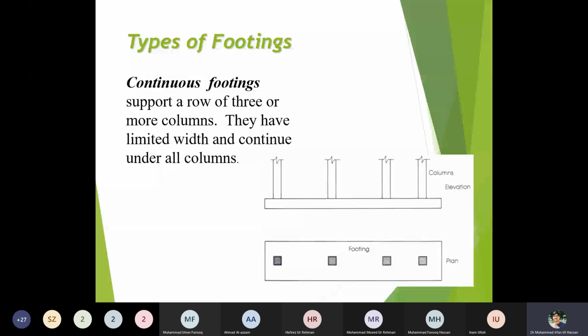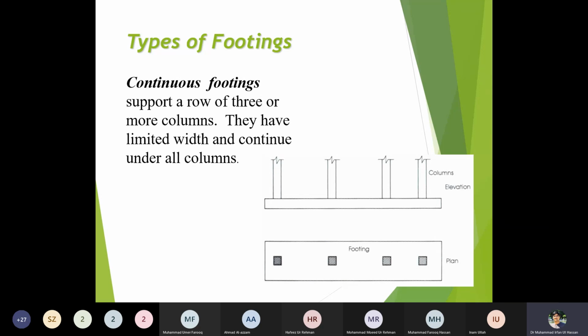If I provide the beams in two directions, it ties the foundation, the column at the base, and holds all the columns together. So overall, it makes the building one unit and resists lateral load, and not only resists the lateral load, but also transfers the vertical load evenly to the soil, and also avoids uneven settlement due to varying soil conditions.